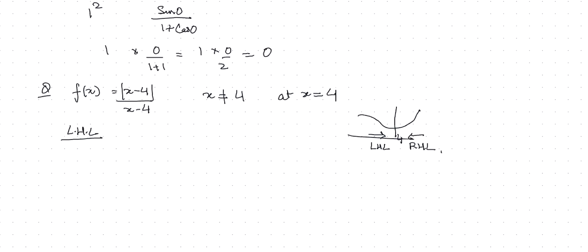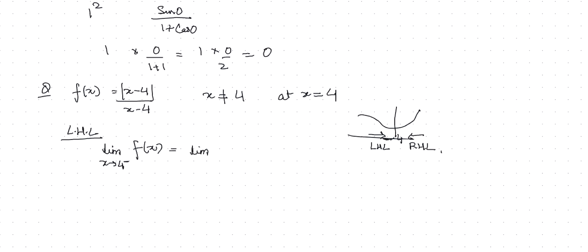Left-hand limit is values less than 4, very close to 4. So x tends to 4 minus. 4 minus means the left-hand limit. It's close to 4 but less than 4. So this is the limit.